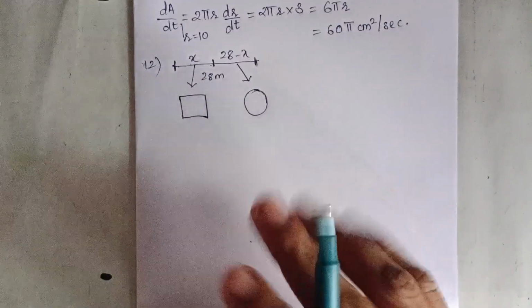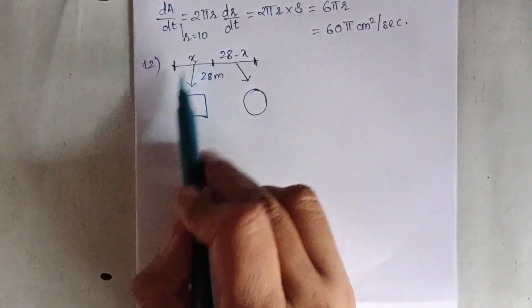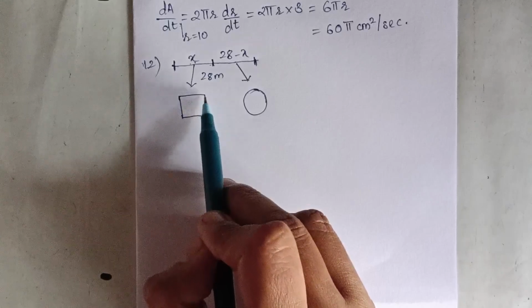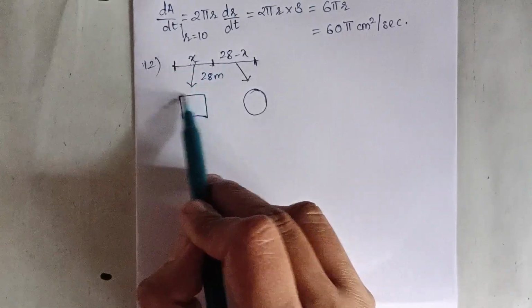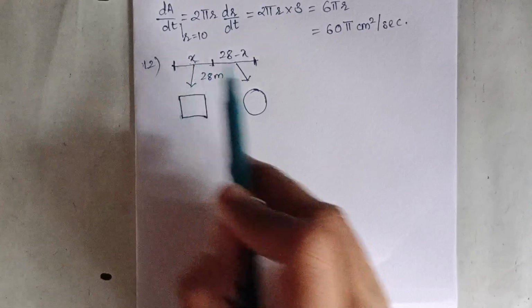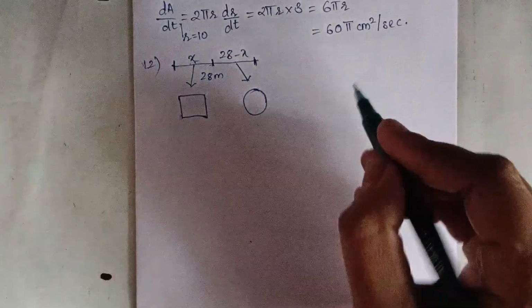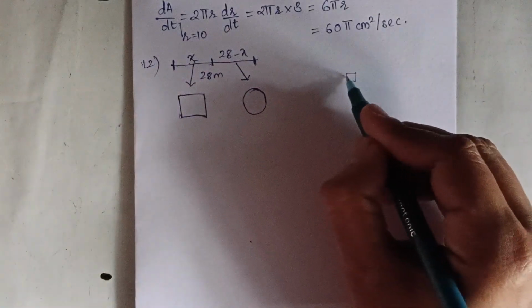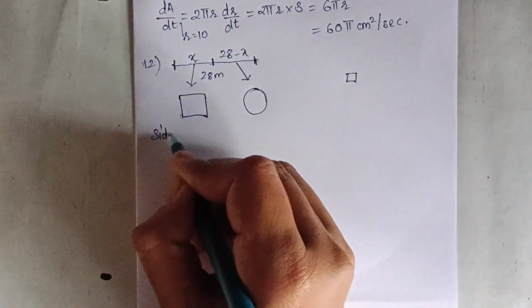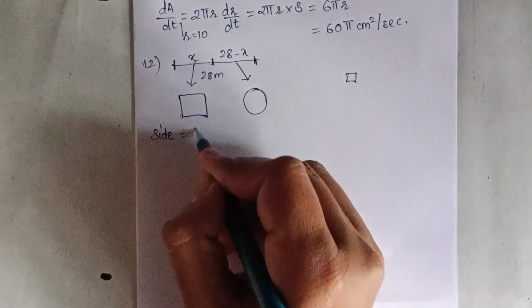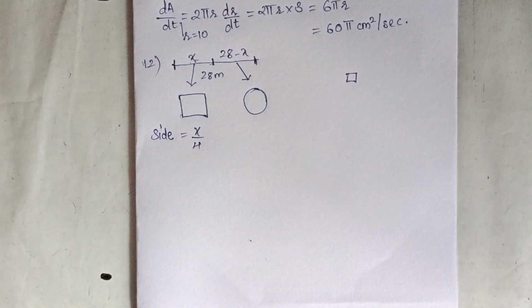Correct? So x, we are making it into a square. Means this length, we are taking as a square. So x will be divided into 4 parts so that they join and become a square. Correct? So side of the square becomes x upon 4.